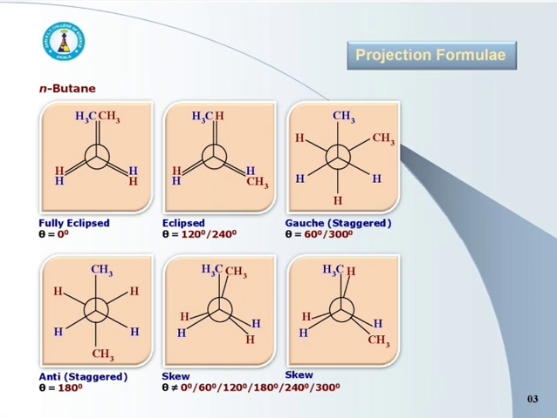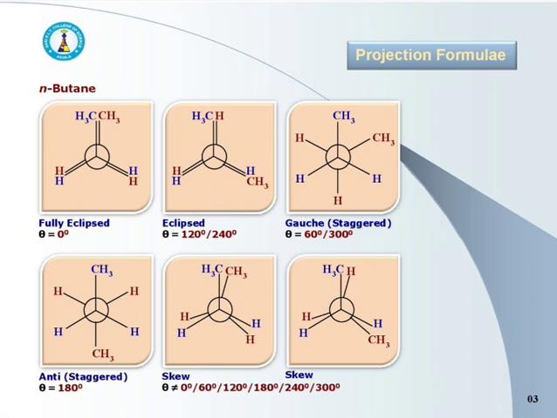Whereas the conformation fourth is specially called anti-conformation, and it has dihedral angle theta equal to 180 degree. Third and fourth are the staggered conformation. Third one is the Gauche representation by Newman projection formula, and the fourth one is the anti representation.